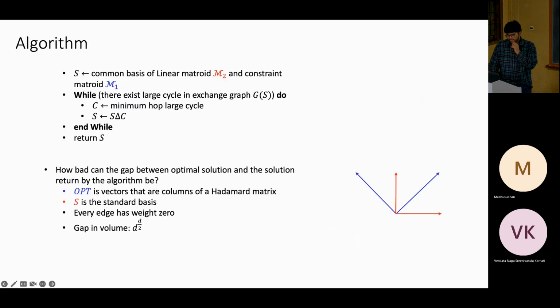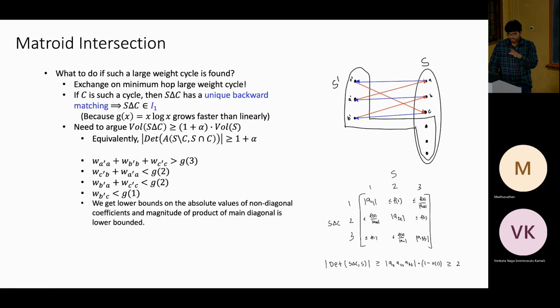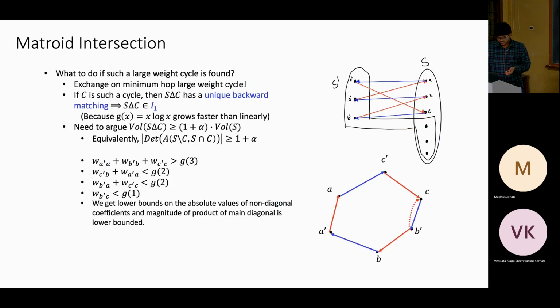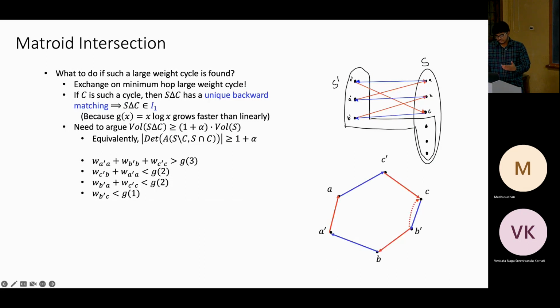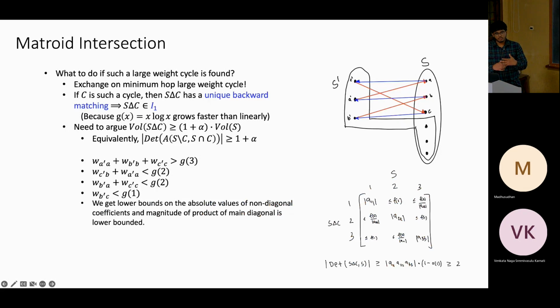Right. So that's the algorithm for case D. We just define this notion of large cycle. We set up the same exchange graph, and we put this log new volume by old volume, and then you check if there's a large cycle, and then you exchange on the minimum hop large cycle.